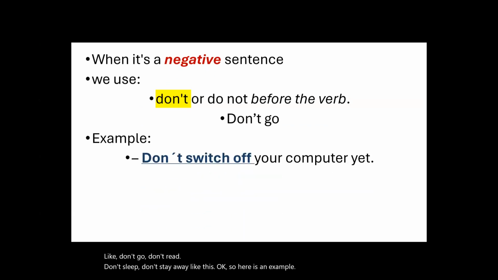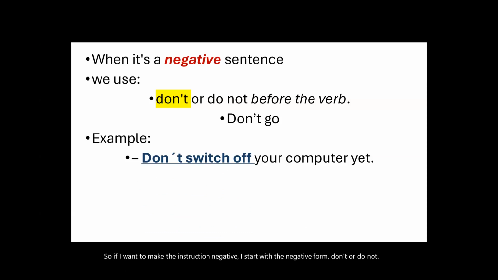Here is an example: Don't switch off your computer yet. So if I want to make the instruction negative, I start with the negative form don't or do not, followed by the infinitive form of the verb. Do not switch off your computer yet.